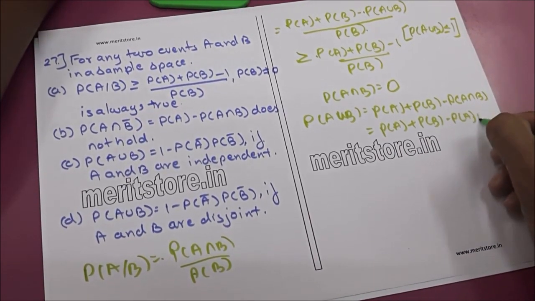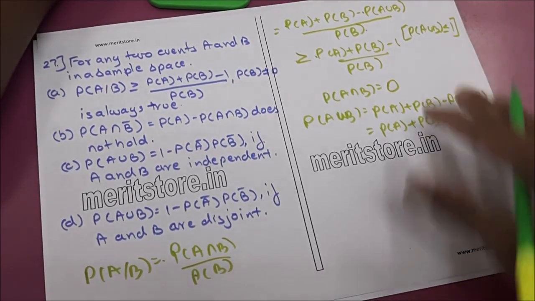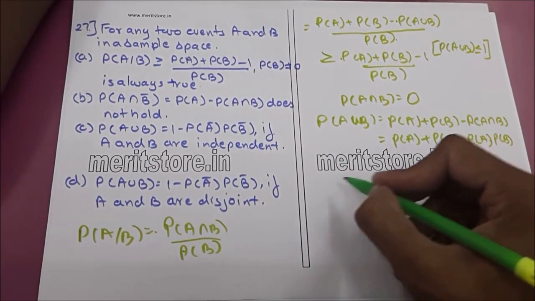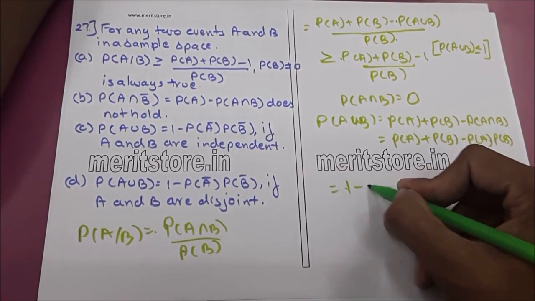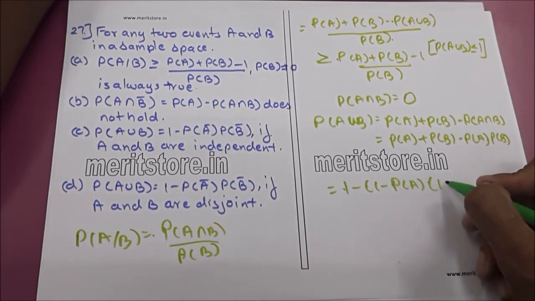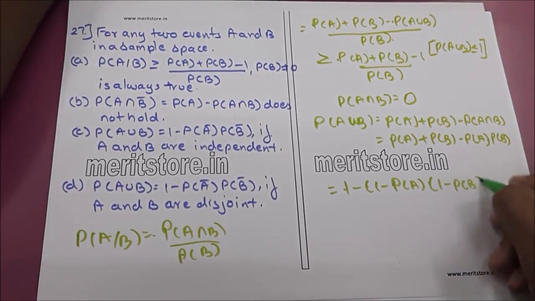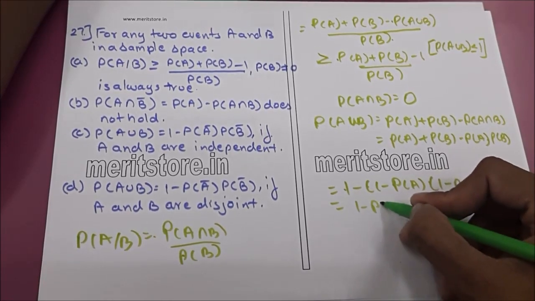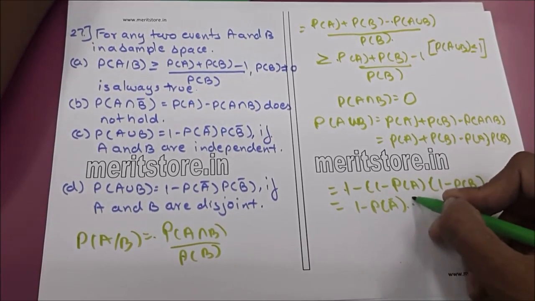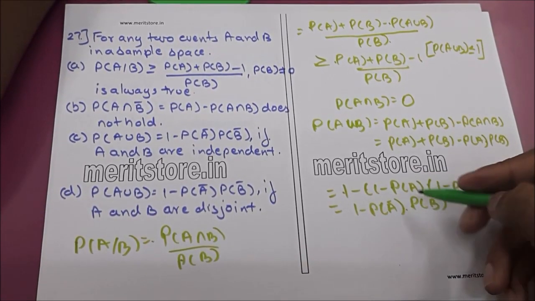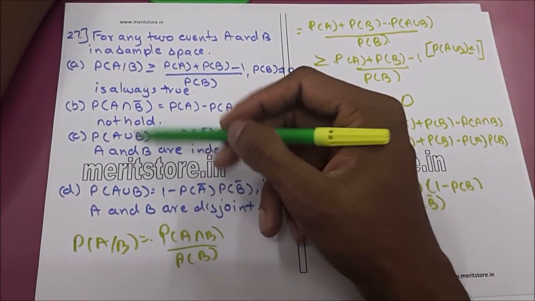into probability of B. So therefore A and B are independent, so we can write 1 minus probability of A, 1 minus probability of B. If we further solve this, we get 1 minus probability of A into probability of B. So if we check this, we get option C also.